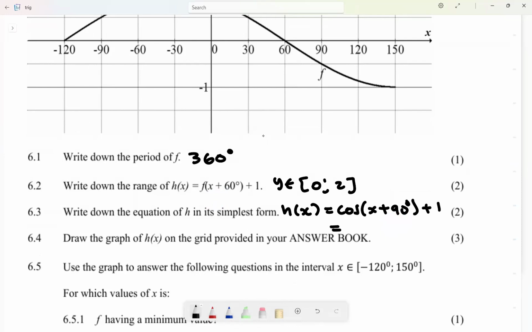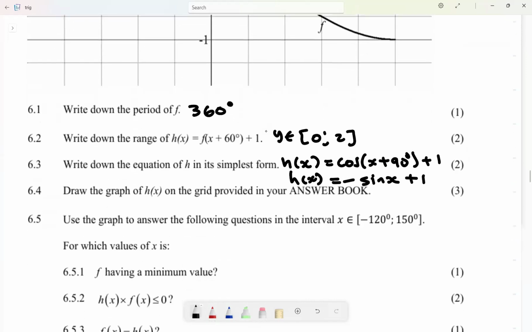But what kind of sign, positive or negative? What I normally tell my students is to put in some value of x, say x is 30, and then plus 90. Can you see that the answer you get is negative? So it changes to negative sine x, and then plus 1. So this is the simplest form of the graph of h of x.